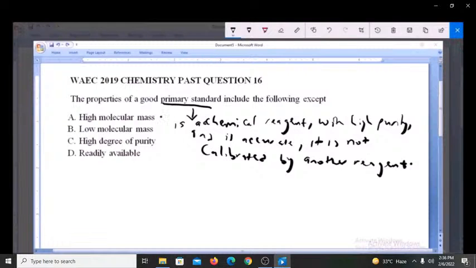Now, high molecular mass. High molecular mass is important because a primary standard needs to have a relatively high molecular mass that allows them to be easily measured.